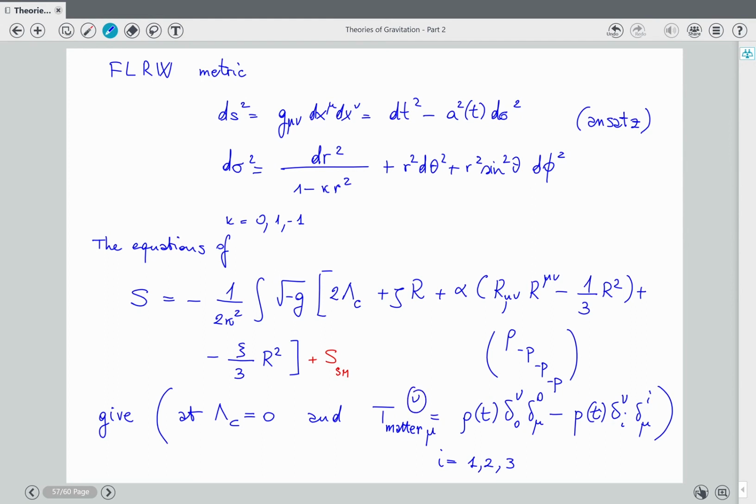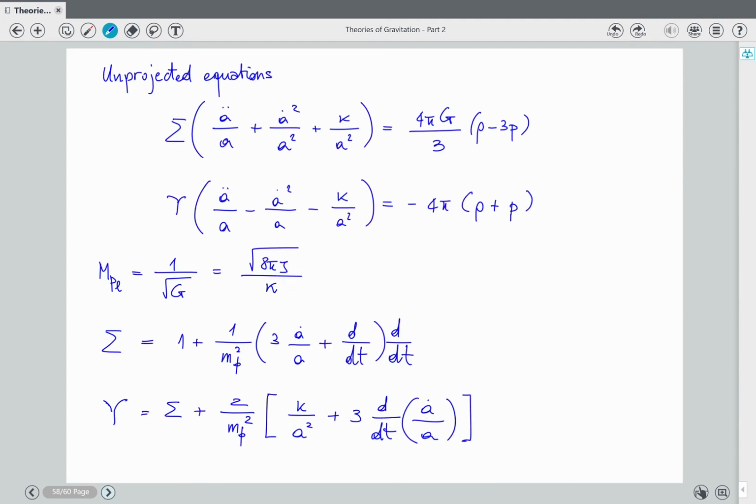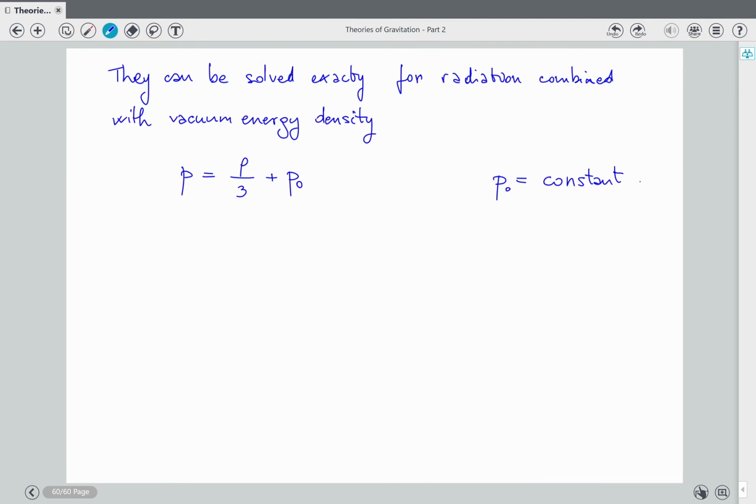One index is up, one index is down, so in the trace you don't have minus signs, you already have the minus sign in there. So if that is traceless, that is like that. Instead, p equal constant. Yes. The equation of state of the vacuum energy density is actually p equal minus rho.